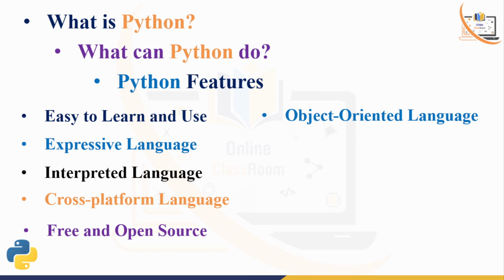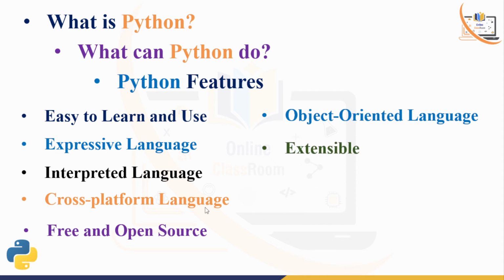Like Java, Python is also an object oriented programming language. It means polymorphism, inheritance, the total object oriented features, Python supports them all, right? Inheritance, polymorphism, encapsulation, etc.